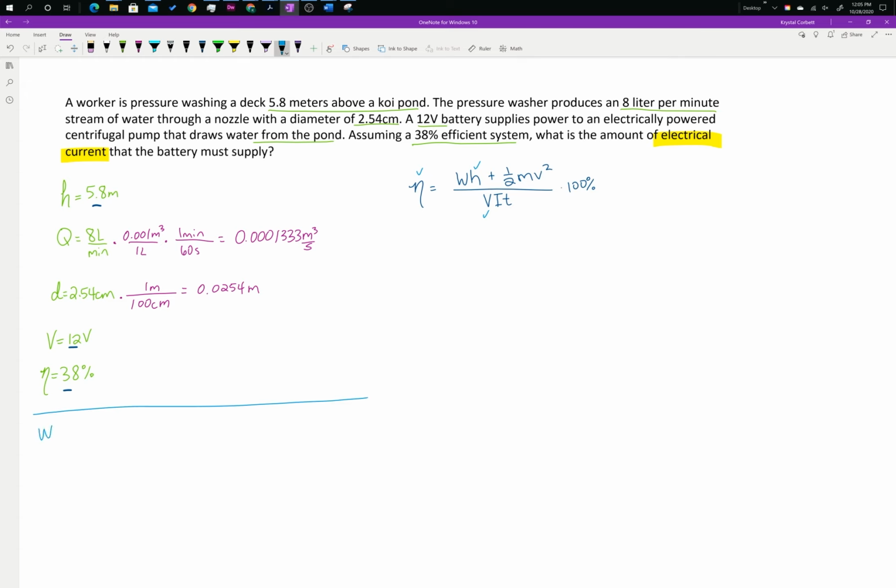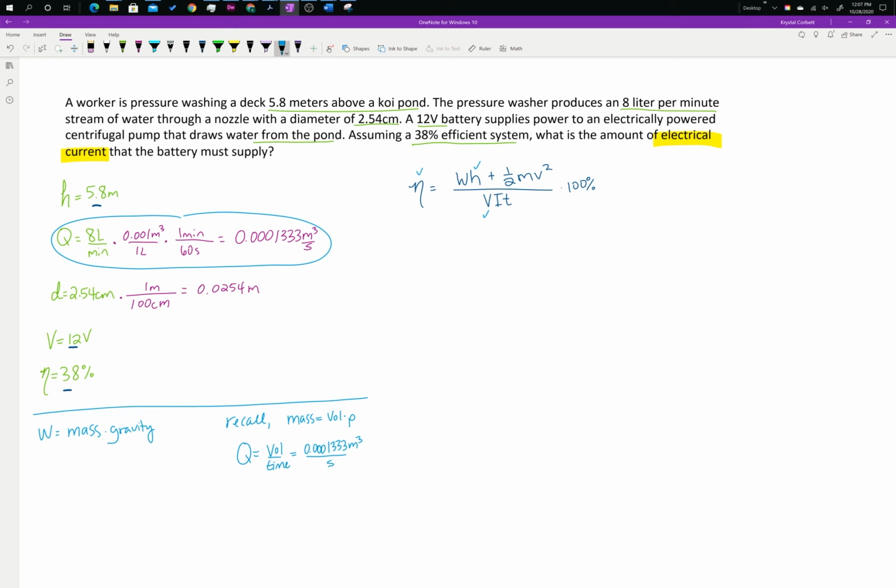Looking at the weight, we know weight is equal to mass times gravity. Do we have any information that can help us find mass? Recall that mass is equal to volume times density. Looking at our flow rate expression, we know that flow rate is equal to volume over time. We wrote our flow rate in terms of meters cubed per second to be 0.0001333 meters cubed per second.